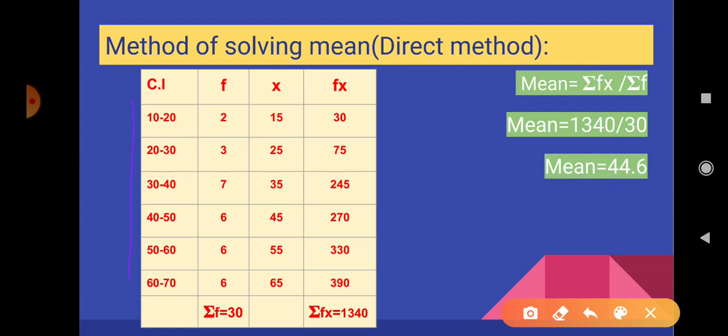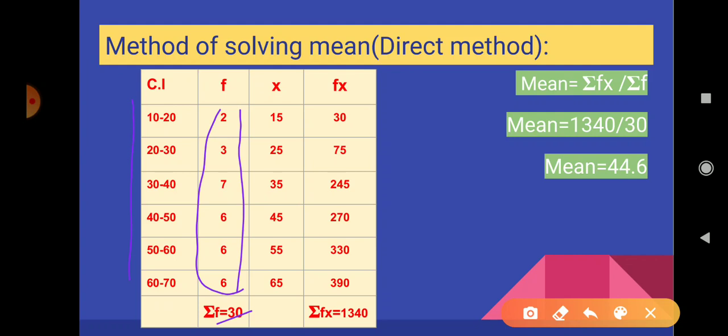Sigma f means you just add all the frequencies. 2 plus 3 is 5, 5 plus 7 is 12, 12 plus 6 is 18, 18 plus 6 is 24, 24 plus 6 is 30. So sigma f is 30. Sigma means the sum of all frequencies.